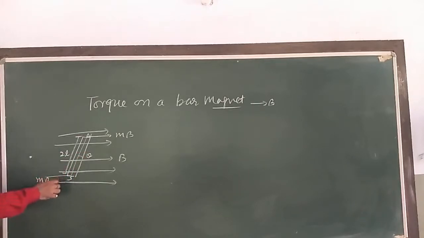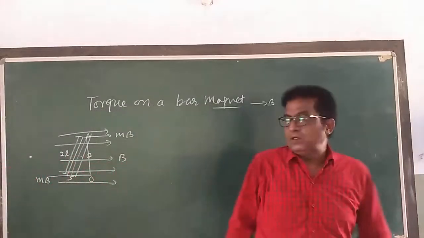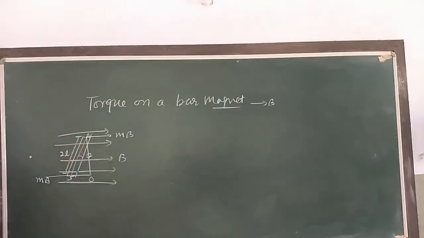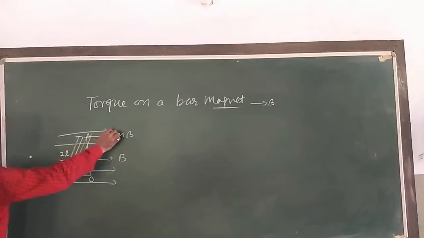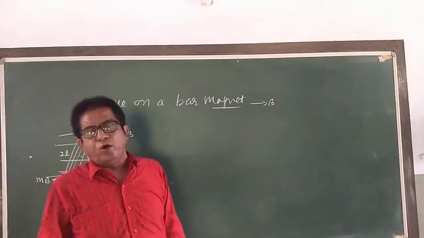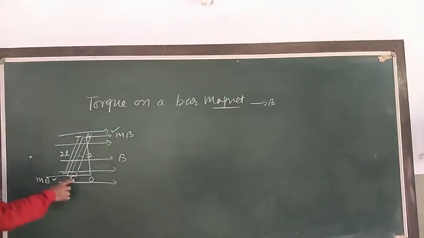Here, my dear children, if we draw a perpendicular, it will be like this. This is S and O. Now draw this figure. When the bar magnet is placed in a magnetic field, the forces are equal in magnitude, this and this. Both the forces on the ends of the poles are equal and opposite, equal in magnitude and opposite in direction.